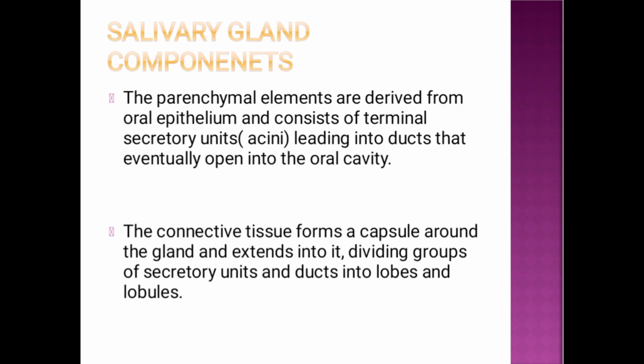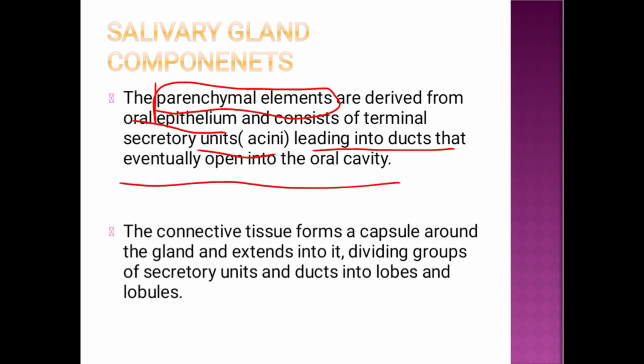Now coming towards the salivary gland components. Salivary gland has two components. Basically, the parenchymal element and the connective tissue. In the parenchymal element, number one is oral epithelium, and then you have acini that produce the saliva, leading to the ducts that eventually open into the oral cavity.